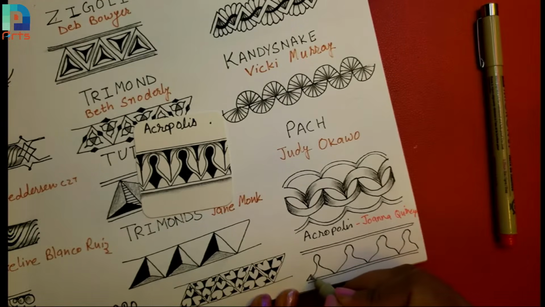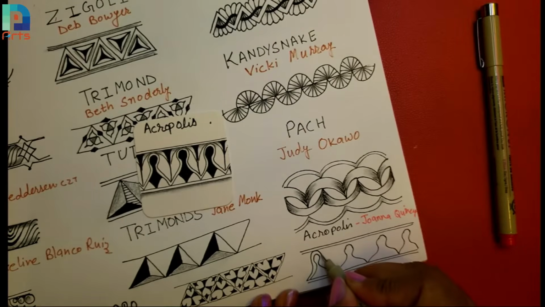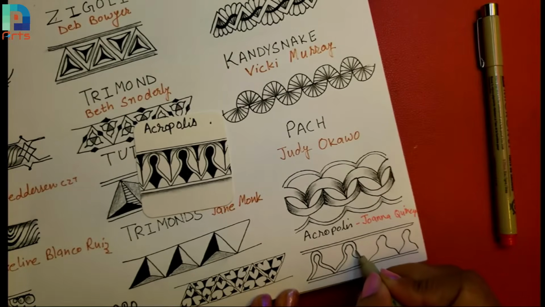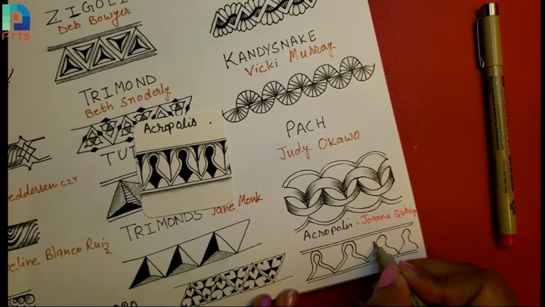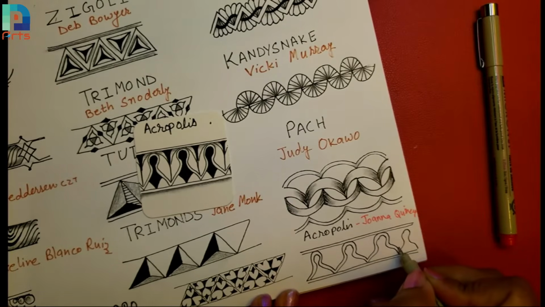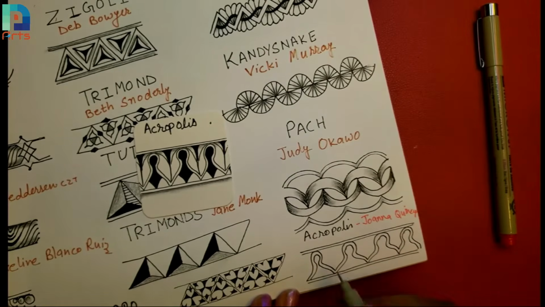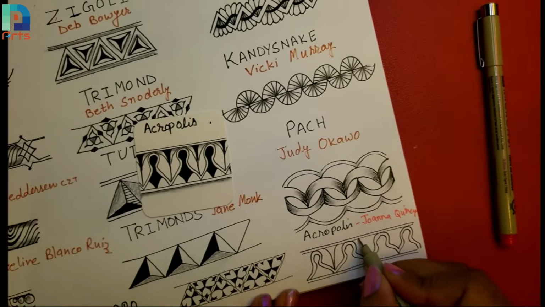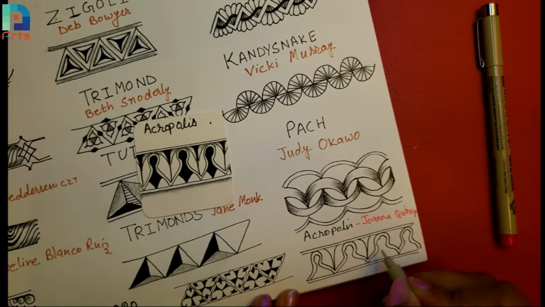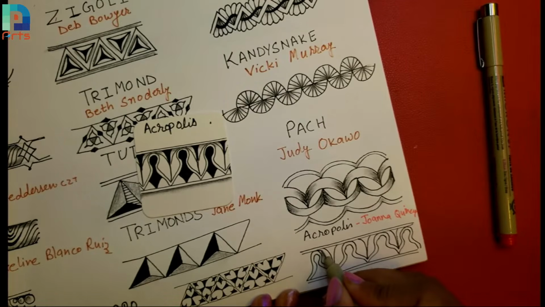Then you start drawing the double line inside, which is touching the top of the border. And then in between these petals, we are going to draw these little curvy lines coming in. You can draw these a little wide or a little thin. It's absolutely your choice. I'm just giving you both ideas.